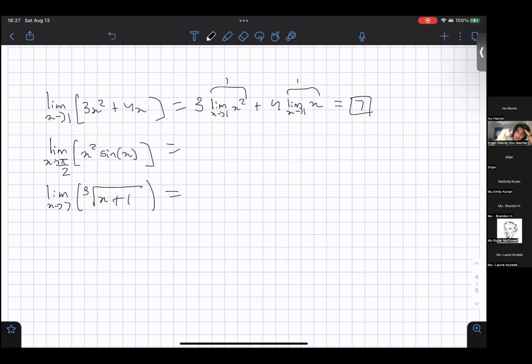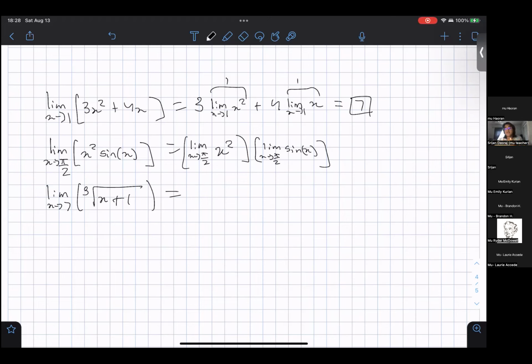Here this is the second limit property that we saw. So we can essentially just split this up into two products. So the limit as x approaches pi over 2 of x squared times the limit as x approaches pi over 2 of sine of x. Here you can just plug it in, because remember, if a function is continuous at a certain value, usually you can just plug it in and you'll get a limit.